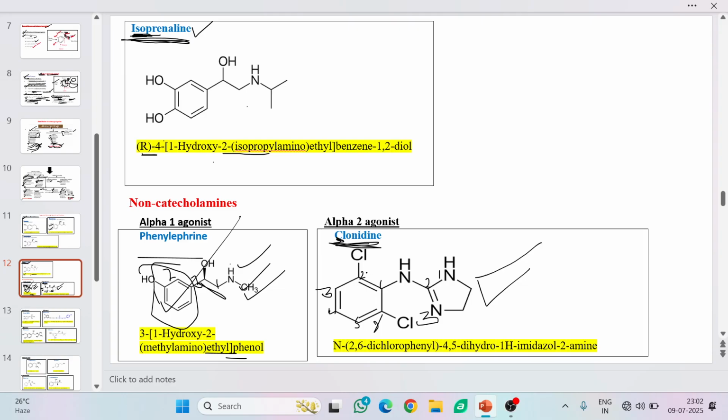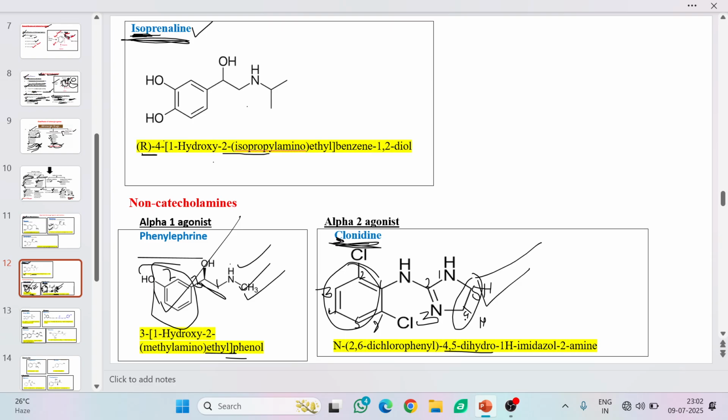So 2,6-dichlorophenyl, 2,6 dichloro, this complete ring is phenyl, then 4,5-dihydro. Again, 1, 2, 3, this is 4, and this is 5. So 4,5-dihydro. Here, hydrogen is there because it does not contain any kind of double bond, so this position is saturated, it contains hydrogen.